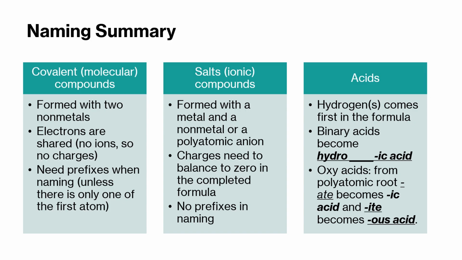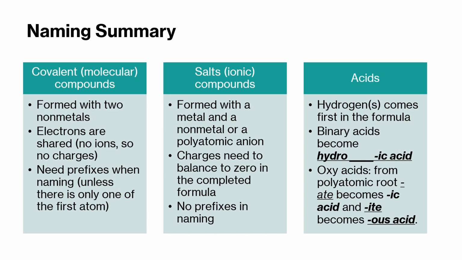As I said at the beginning of this, your exam 2 will have approximately 40-ish points on covalent, ionic, and naming acids. You will have a table on your exam where you'll be either given a formula or the name of the molecule that you're looking at, and you'll have to give me either the formula or the name that correlates to that.